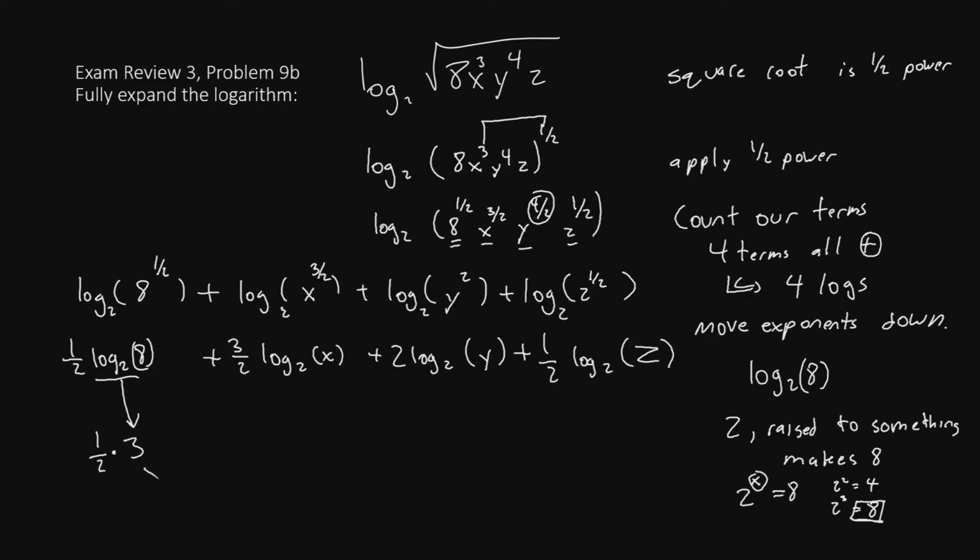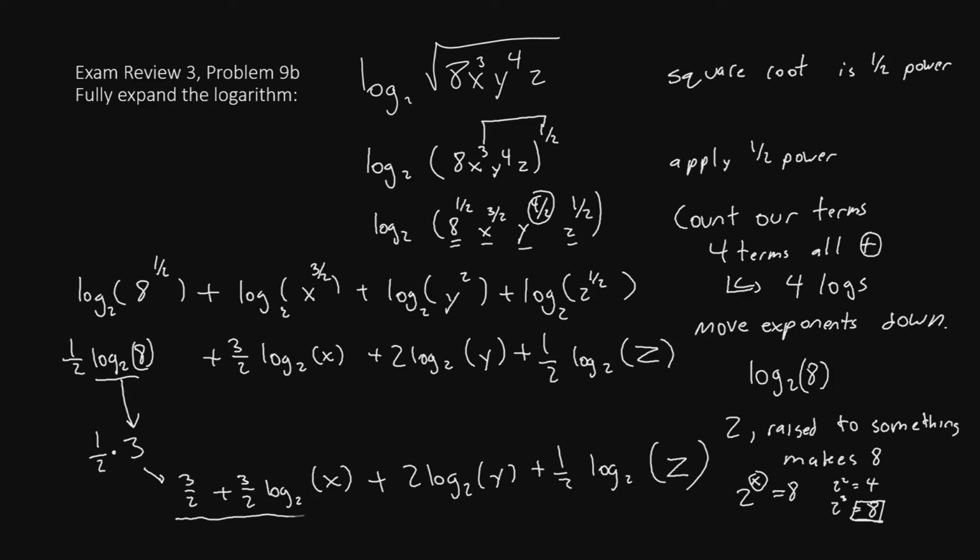Or if you prefer, you can say 3/2 plus 3/2 log base 2 of x plus 2 log base 2 of y plus 1/2 log base 2 of z. And so this entire chain here is your fully expanded answer to this problem.